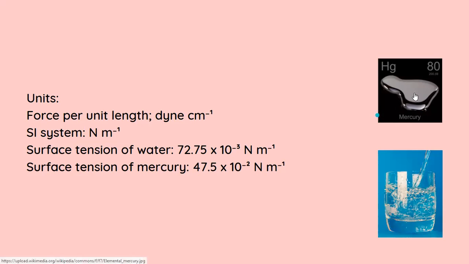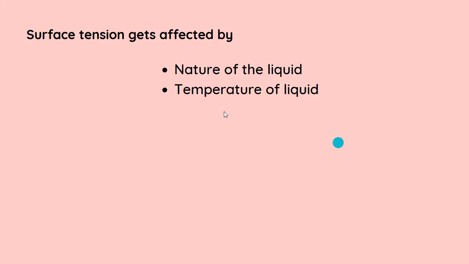The magnitude of the surface tension is going to give us the information as to how strong the attractive forces are. So surface tension is going to be more for liquids which have a higher intermolecular force of attraction. When the attractive forces are large, the surface tension is going to be large.